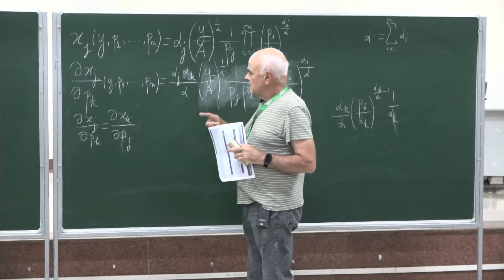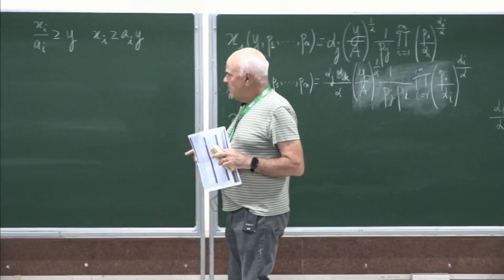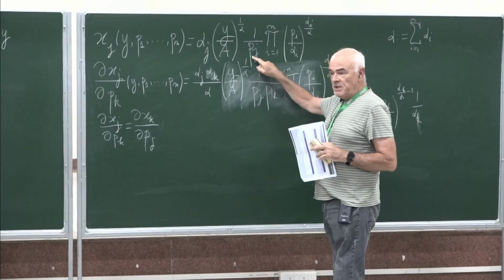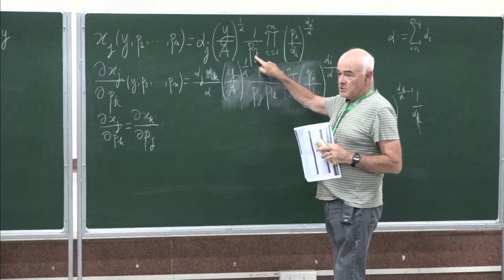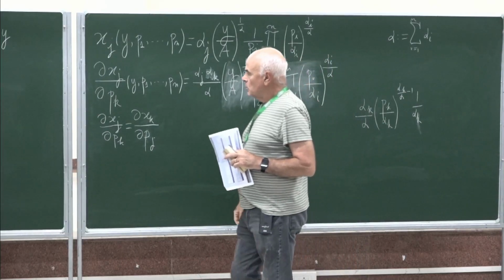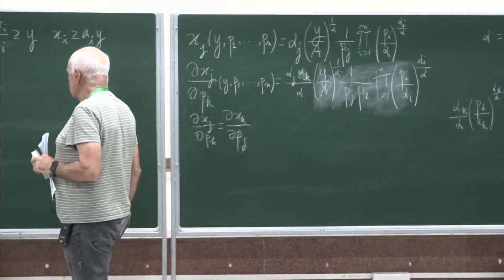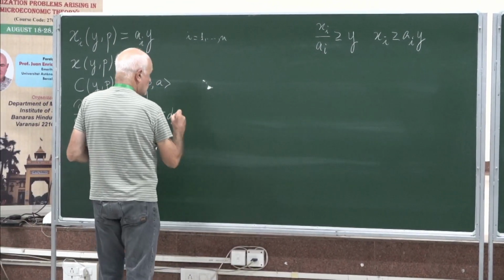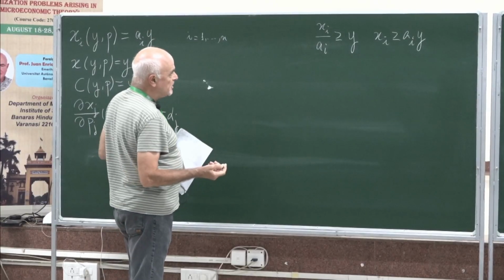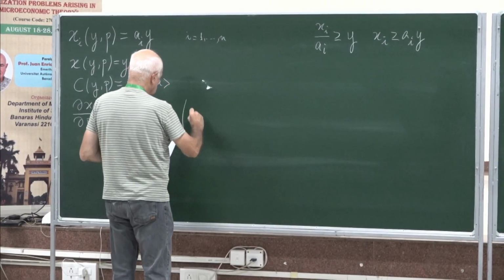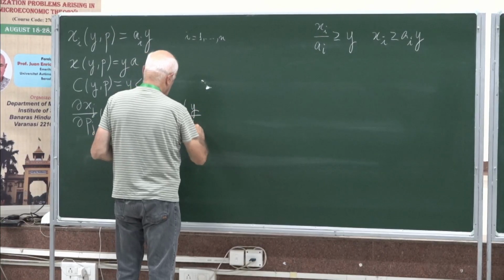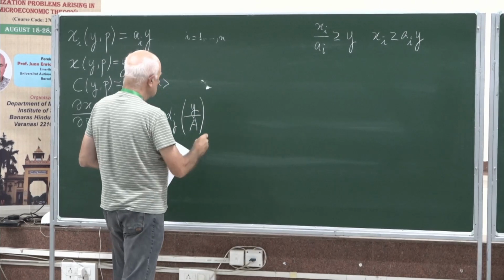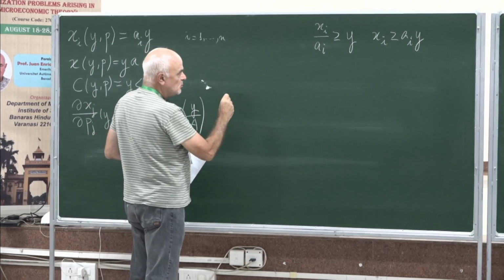The point is that when I take the derivative here with respect to p_j, p_j occurs here. So what I get is, well, everything which does not depend on p is okay. This is 1 over alpha.